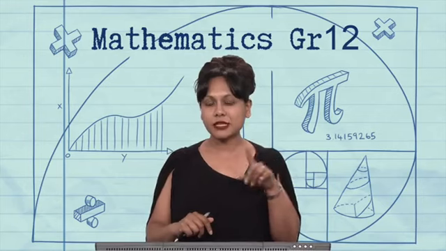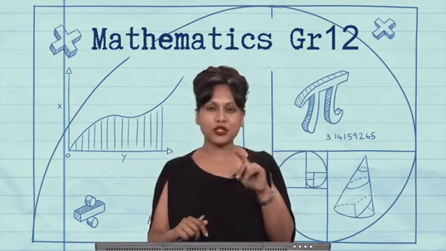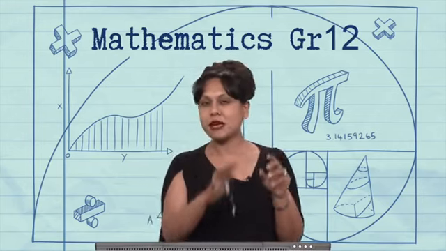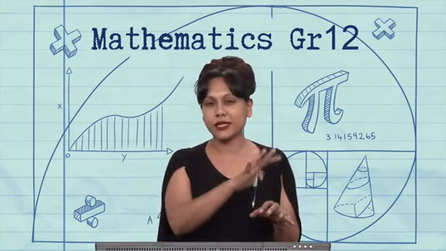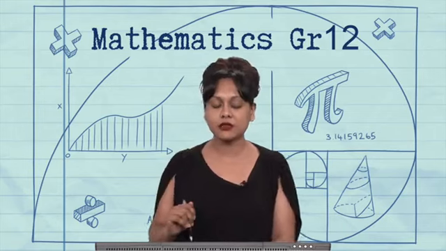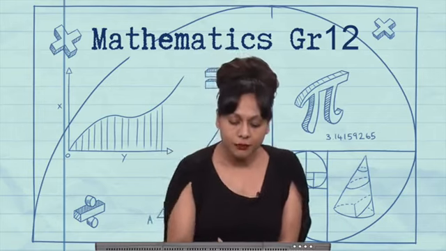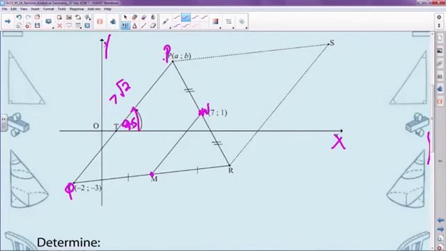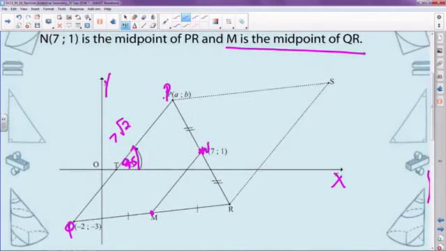However, they were sneaky. What they did in this question, and those of you who remember your geometry from grade 10 would have had no problem spotting this, they gave us a triangle where the midpoints of two sides of the triangle are joined. Do you see that? So in triangle PQR, the midpoints M and N were joined.